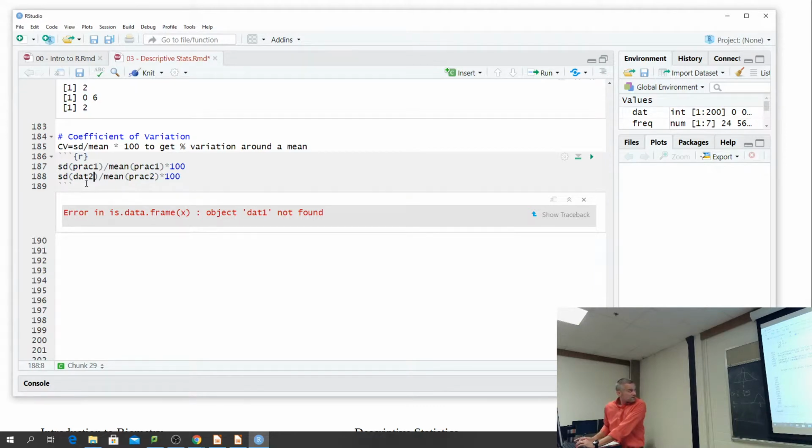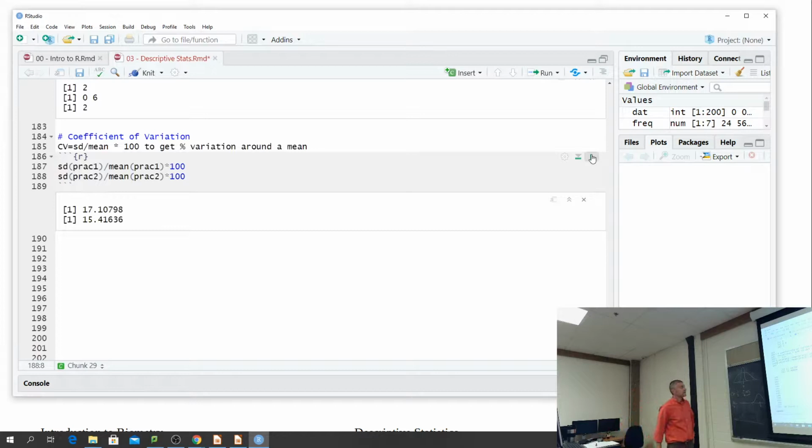Yep, so if you called yours something differently, go ahead and correct it. Prac2. There it is. So you can see the smaller measure actually had more variability to it. 17% variation around the mean versus 15% variation around the mean of the larger values.